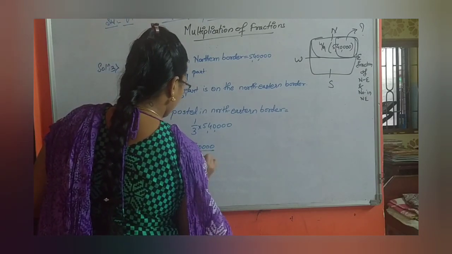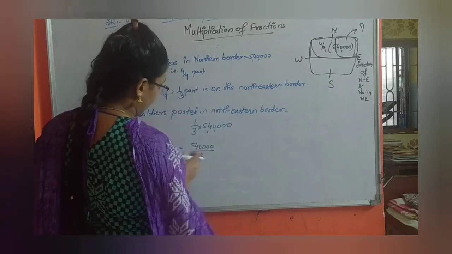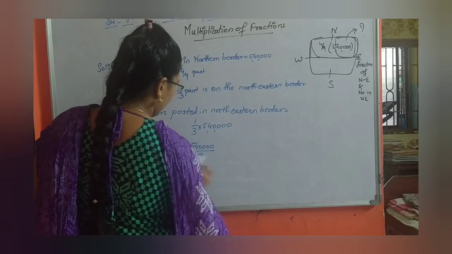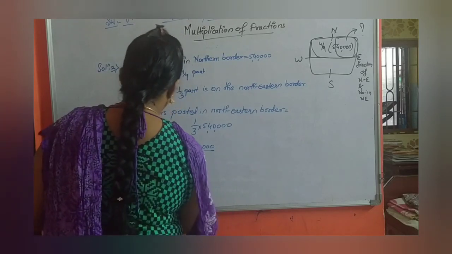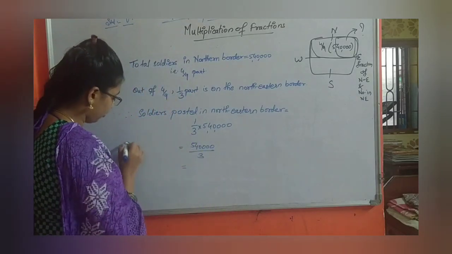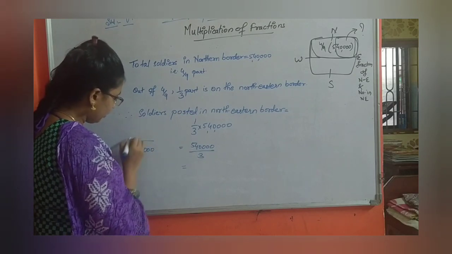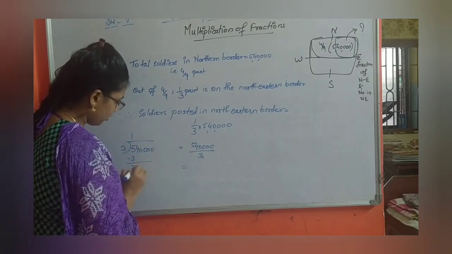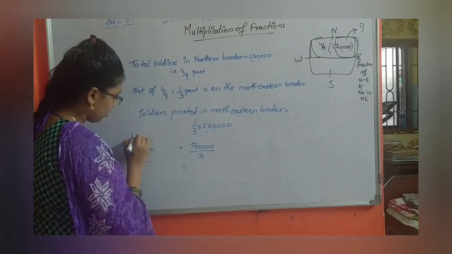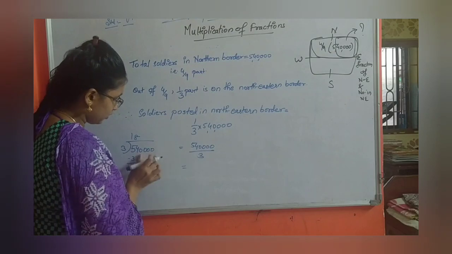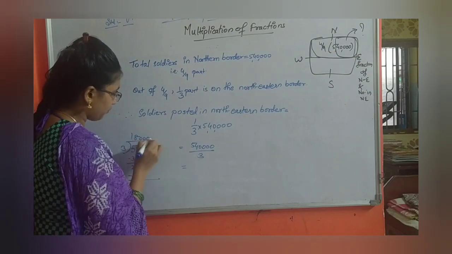We'll get 1 into 5,40,000 is 5,40,000 upon 3. So divide 5,40,000 by 3. For you I'll be dividing and showing here because it is a big number. So 3 ones are 3, 3 eights are 24. The zeros are directly put up.